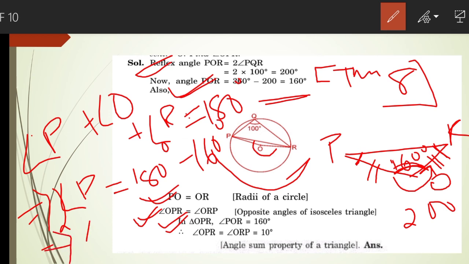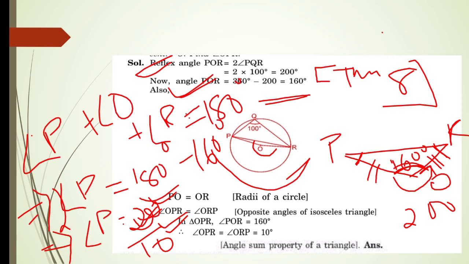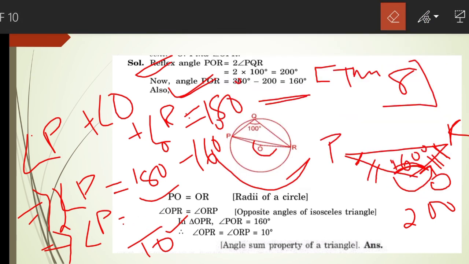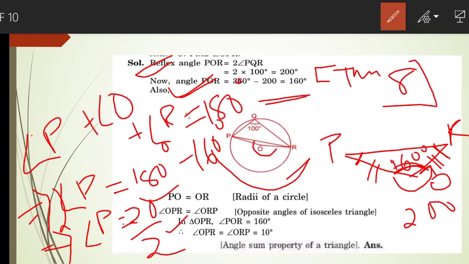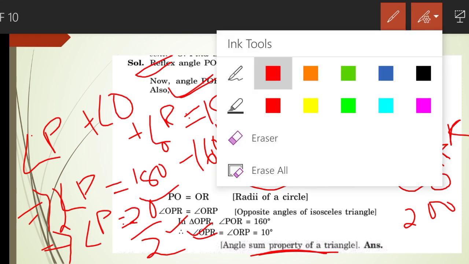So we will get angle P as 20 by 2, which gives us angle P and angle R both as 10 degrees, when we solve it by the angle sum property of a triangle.